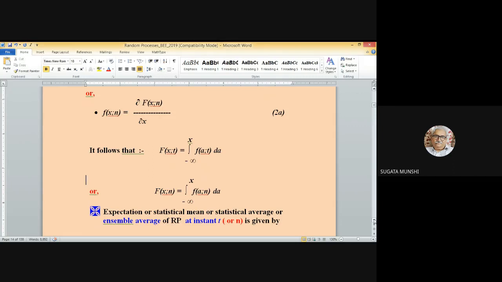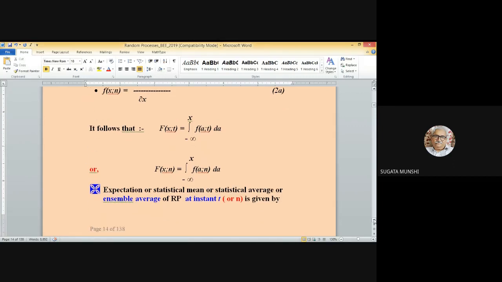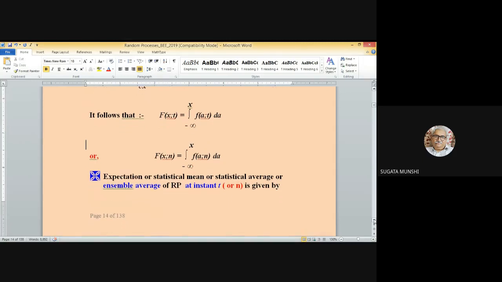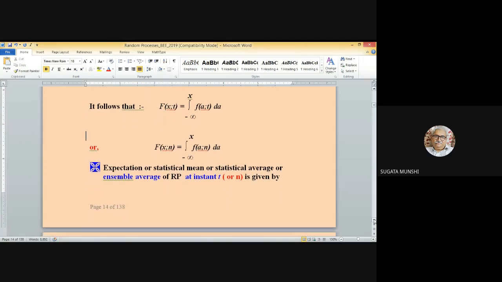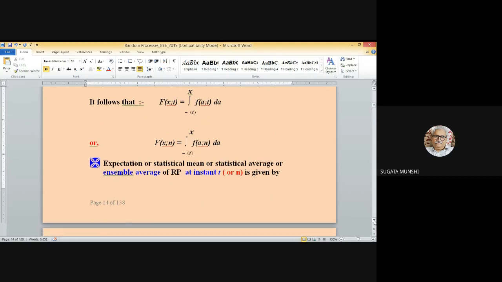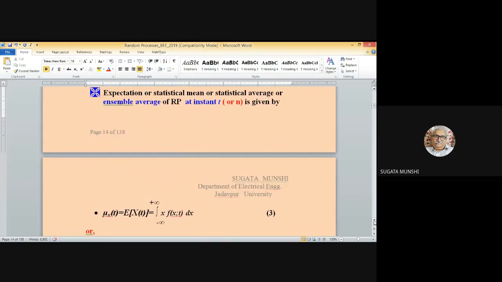It is simply the expectation of capital Xt or capital Xn. So that is the expectation of Xt.